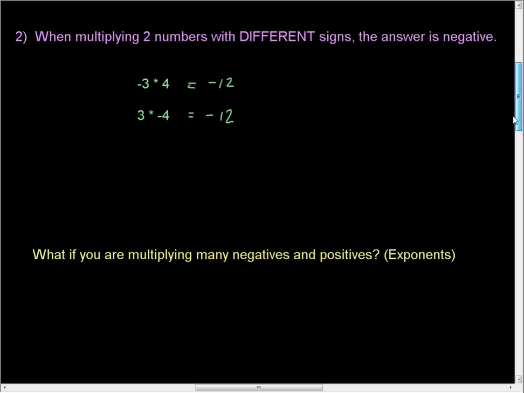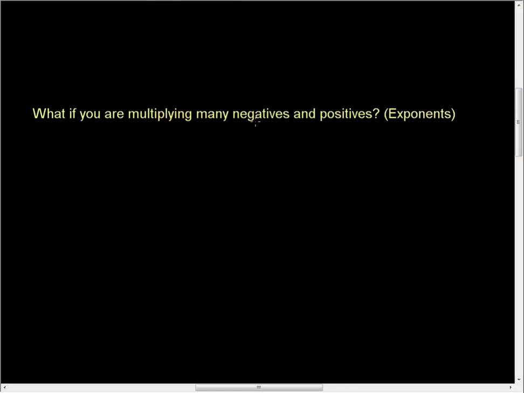All right, so now let's expand this and say, well, what if you're multiplying many negatives and positives? So I'll just throw one out there. Let's say it's negative 2 times negative 3 times 2 times 4 times negative 5. What would that be?